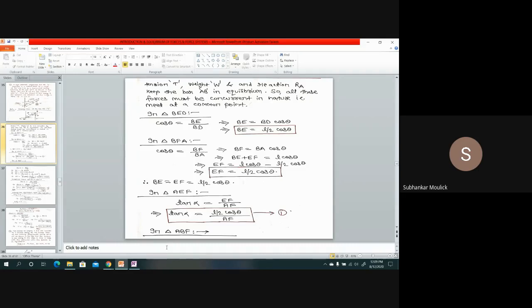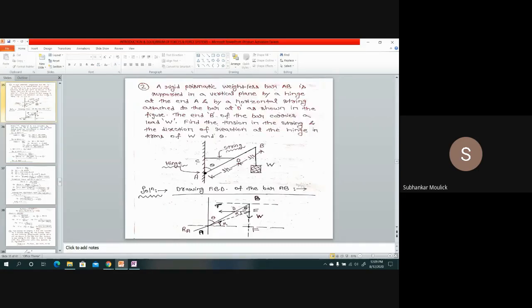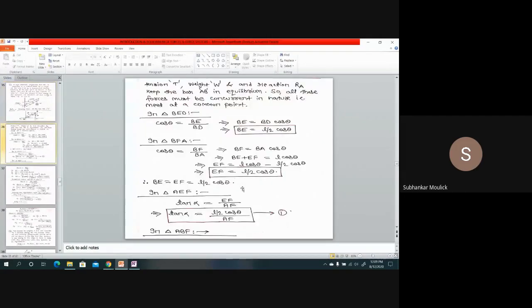And what is BA? BA is nothing but A to D plus D to B. A to D is L by 2 plus D to B is L by 2. L by 2 plus L by 2 is L. So BA is your L, and BF will be L cos theta.